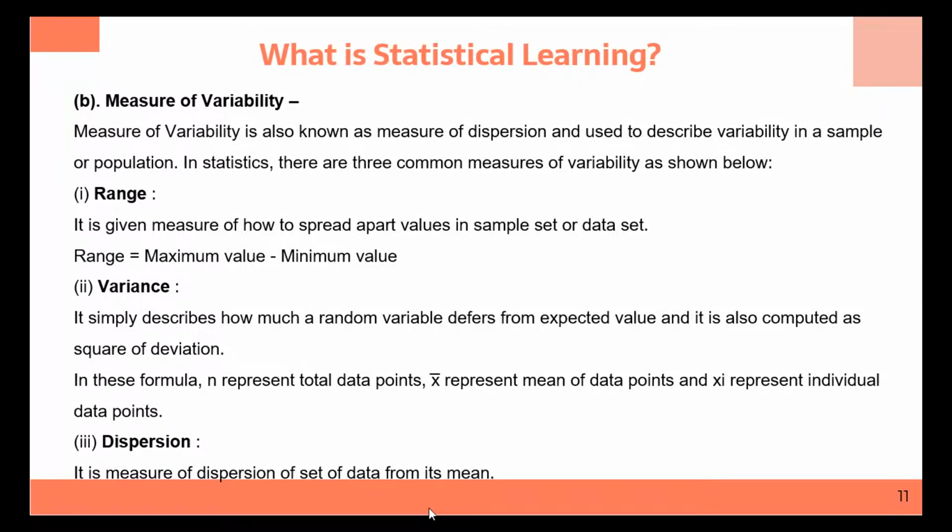of the numbers. Okay. Earlier for variance, we said that it simply describes how much a random variable differs from the expected value, and it is also computed as a square of deviation. We saw that when numbers are varying, how those numbers give us the standard deviation as an increased value.